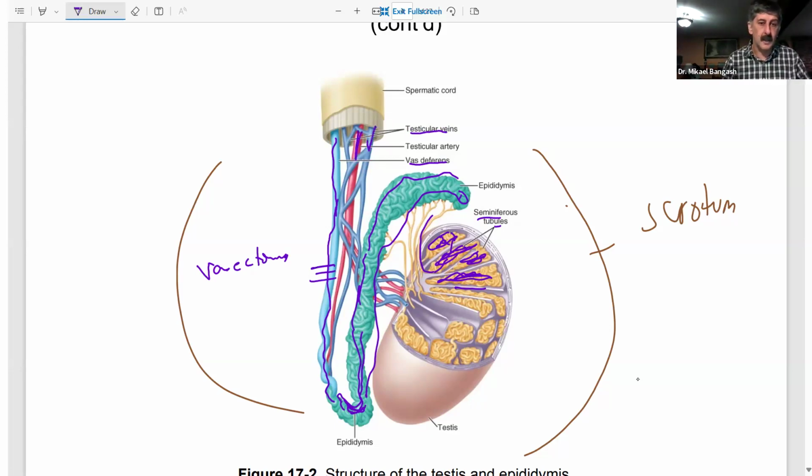But as that passes out of the scrotum through the inguinal canal, all these three structures here, the vas deferens, the testicular artery, and the testicular vein, are going to be enclosed in this fibrous fascial membrane here, and all together referred to as the spermatic cord.